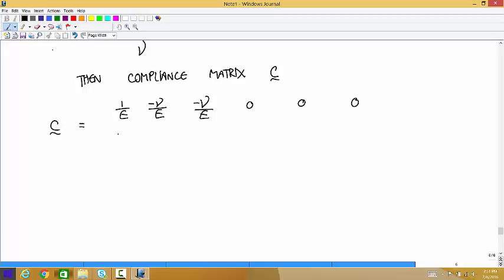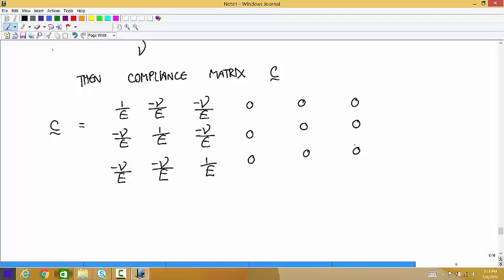Then the second row is negative nu over E, positive 1 over E. So this 1 over E just keeps moving through. Negative nu over E, 0, 0, 0. The third row is negative nu over E, negative nu over E, 1 over E, 0, 0, 0. Then 0, 0, 0, and in the fourth column, we have 2 times the quantity 1 plus nu over E, 0, 0.